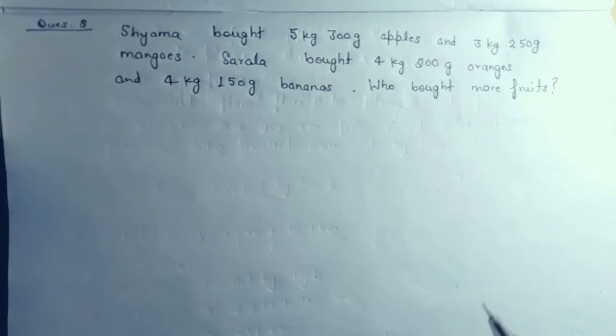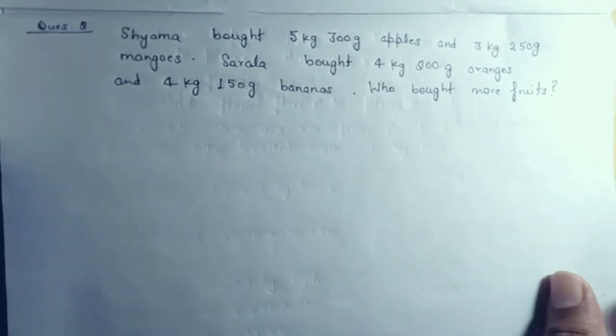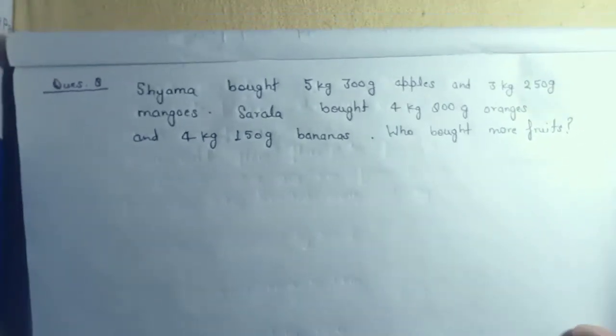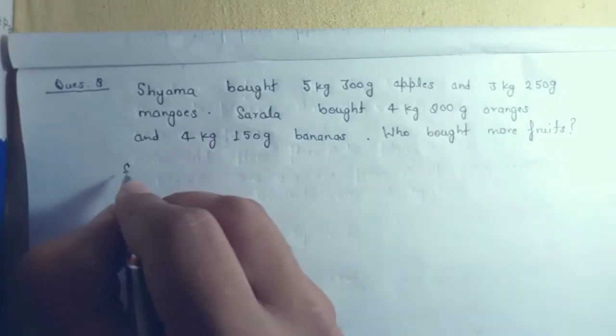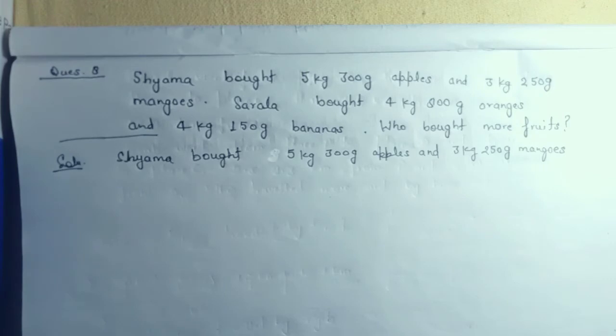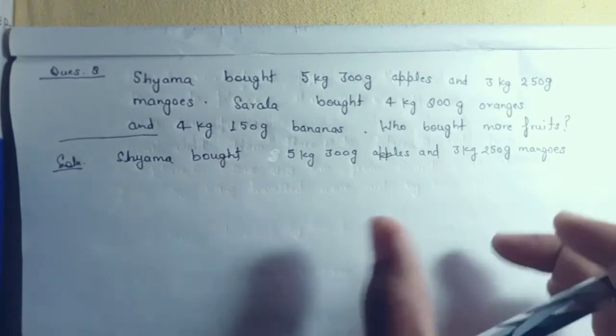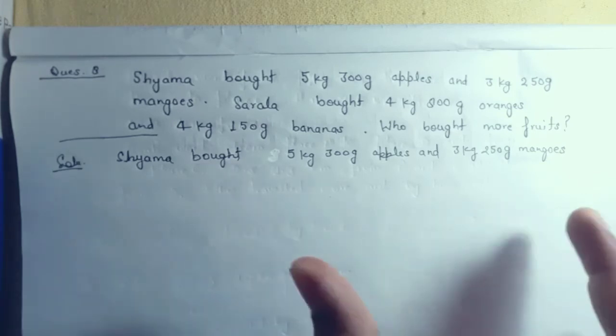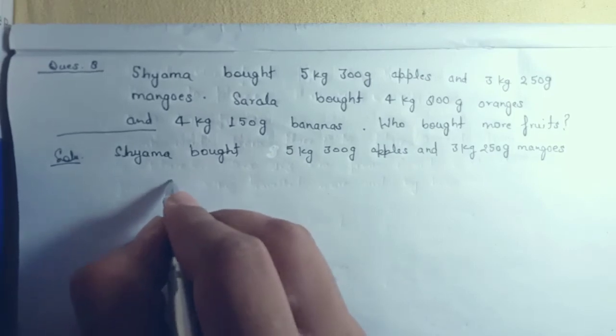What do we do? Shyama bought 5 kilogram 300 gram apples and 3 kilogram 250 gram mangoes. To calculate the total, we have to add these weights. So what to do?